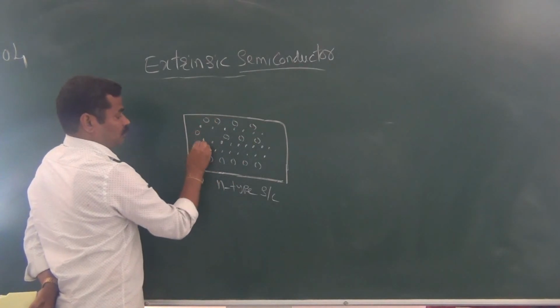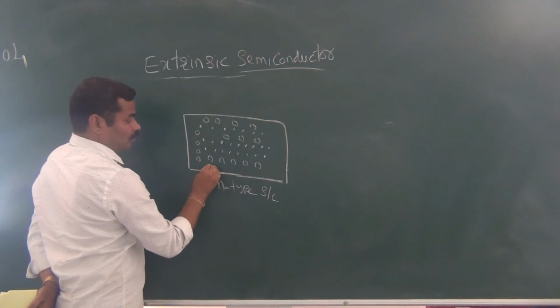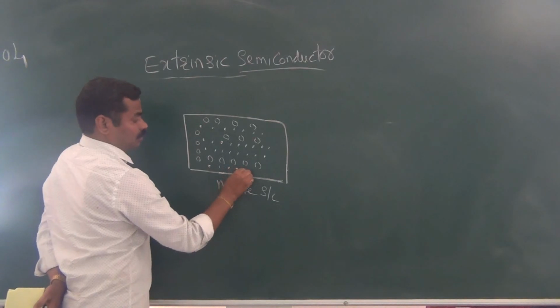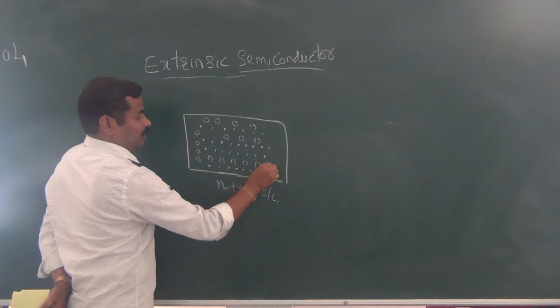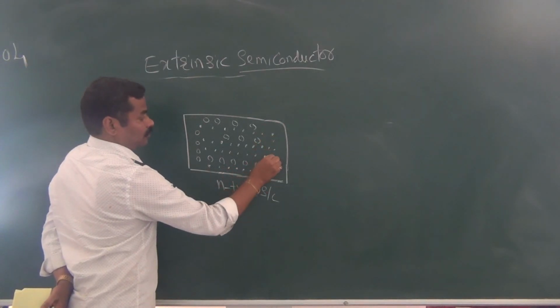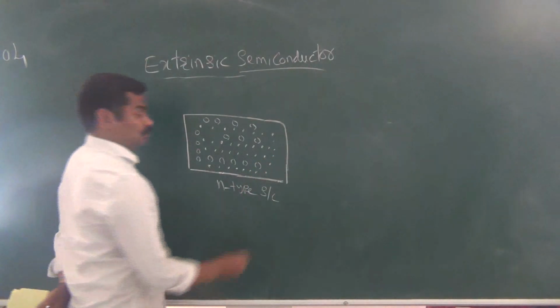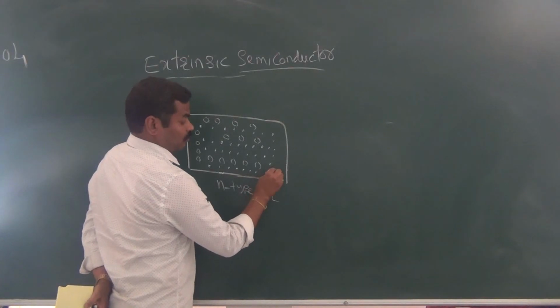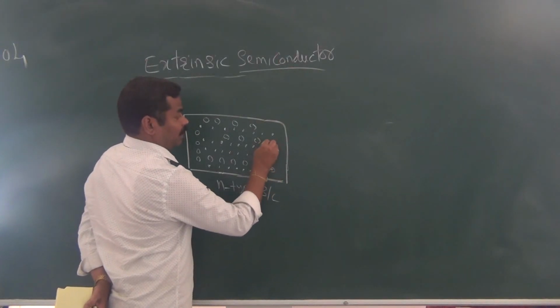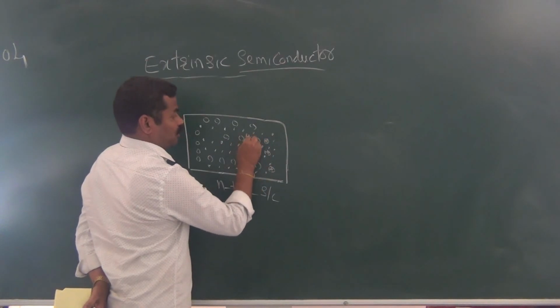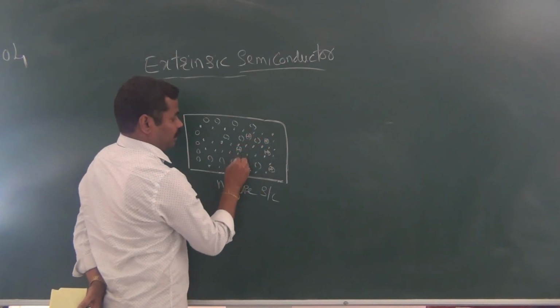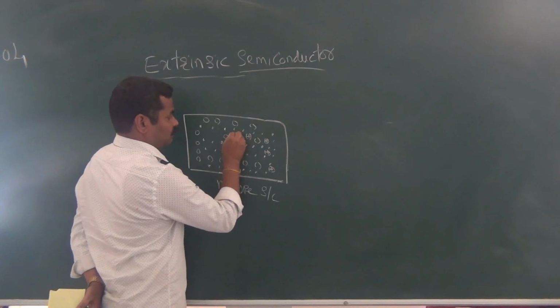As I said, in your n-type semiconductor, the impurity will generate the electron without creating a hole. That's why in the n-type semiconductor, the majority carriers are electrons. And we also have some positive ions. The added impurity acts as a positive ion.